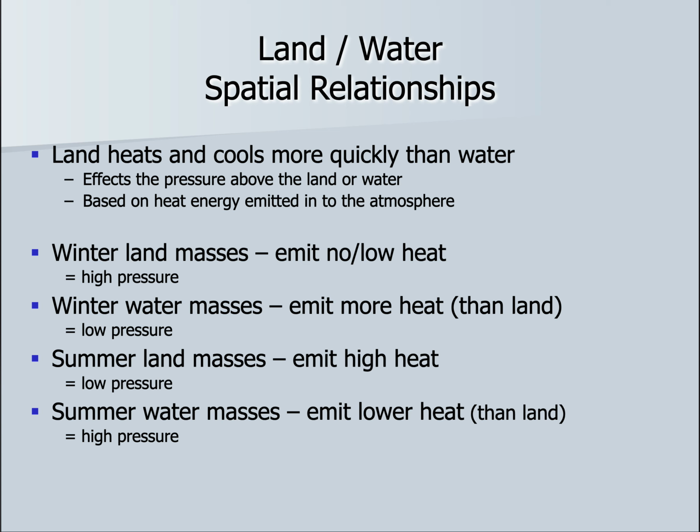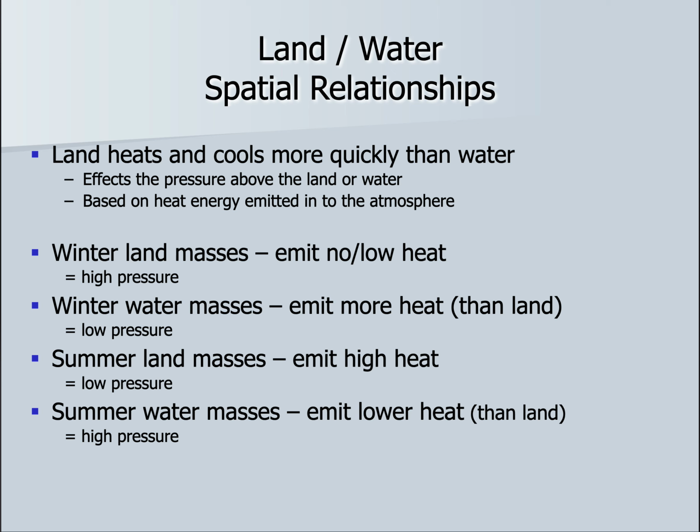It's at capacity near the end of the summer through to the beginning of fall. As fall is progressing, it's starting to give that heat up, and as winter's progressing, it's giving that heat energy out, and it's emitting that heat. So it's much warmer over the water than it is over the land at the same time.